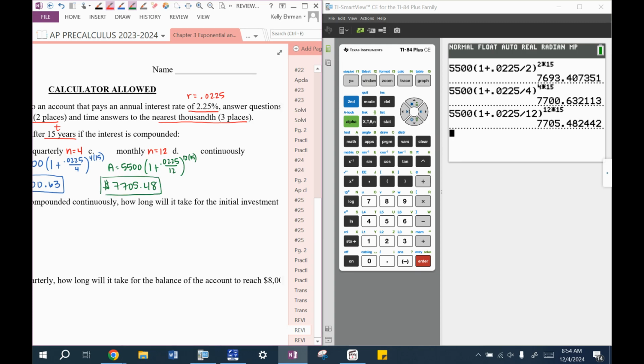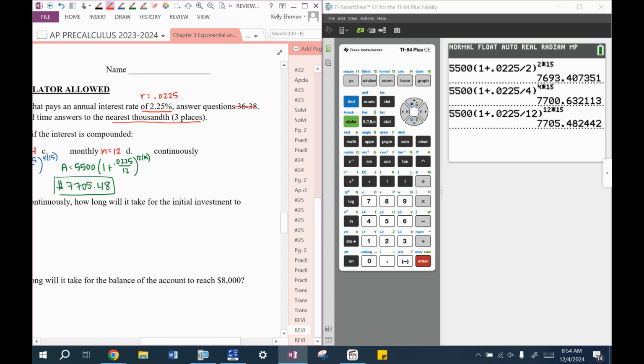And then the continuous formula does not involve an n, because what would n be if it's continuous? You'd be approaching, n would approach infinity. So instead, this is A equals P, which is still 5,500, times e, which is our irrational number, to the rt.